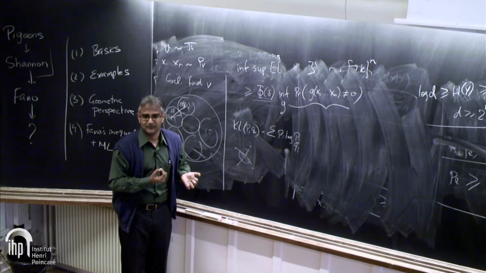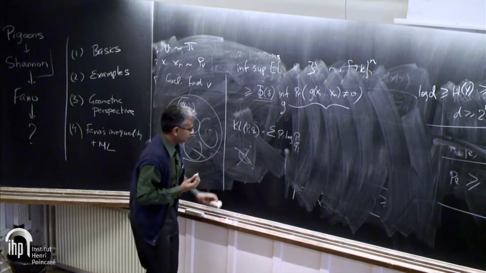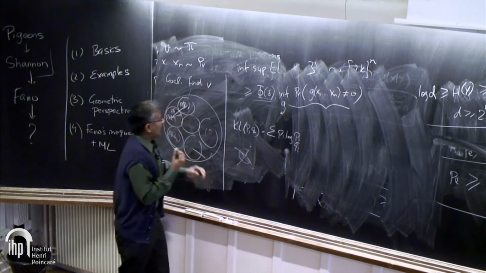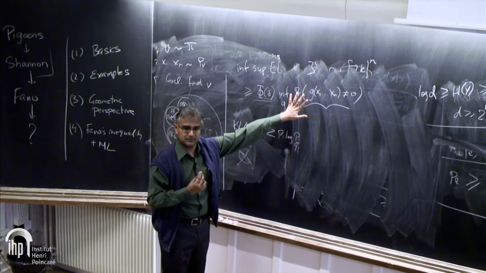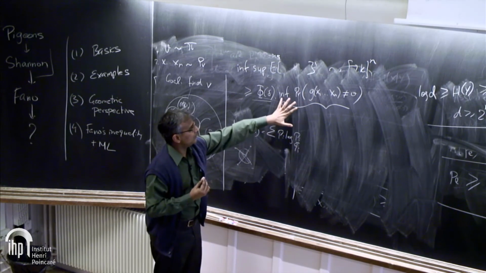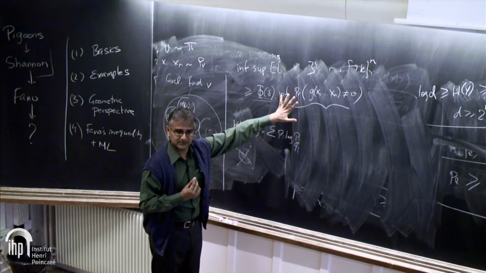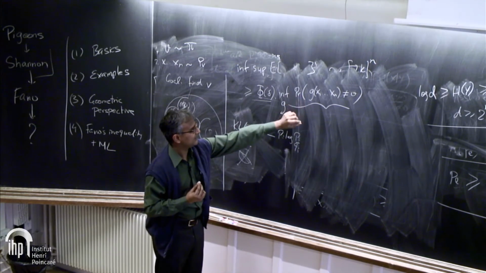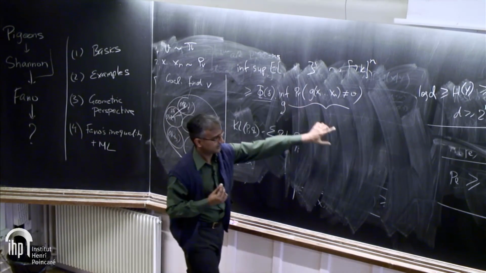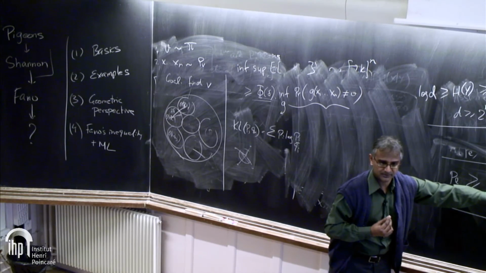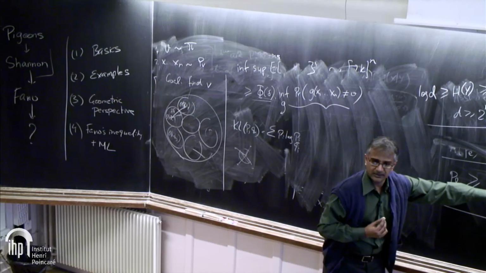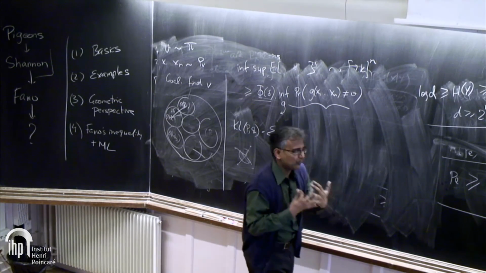I went through this very quickly. So what I'm saying is the following. If I want to increase this error here, what Fano's inequality is telling us is that I should decrease this. Geometrically, what does this mean?